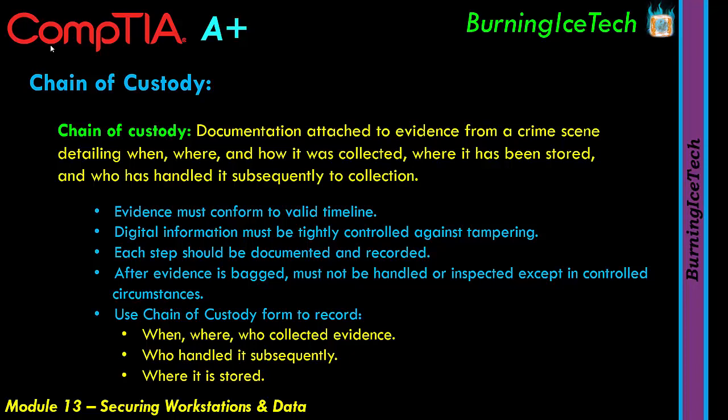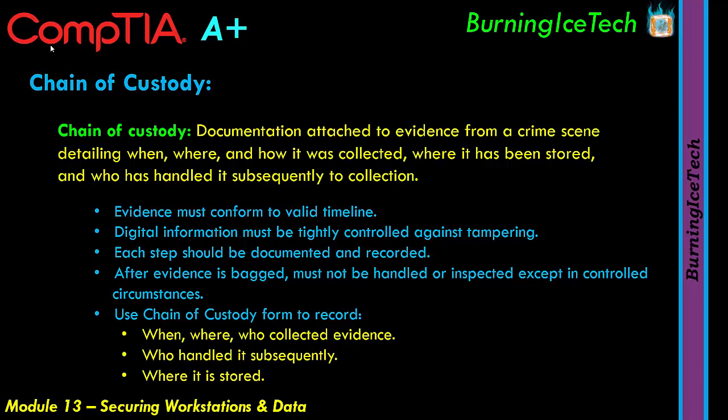So chain of custody: a document attached to evidence from a crime scene detailing when, where, and how it was collected, where it has been stored, and who handled it. So if at any point in time it was collected in the wrong manner, transported in the wrong manner, or stored in the wrong manner, the chain of custody would be broken.